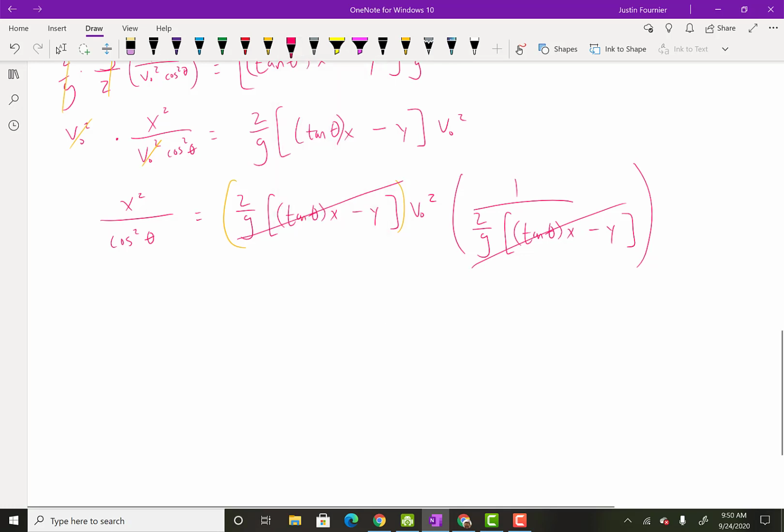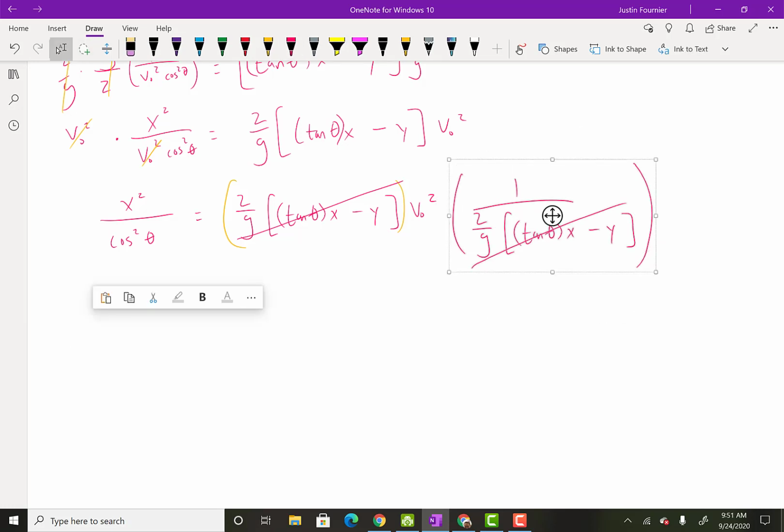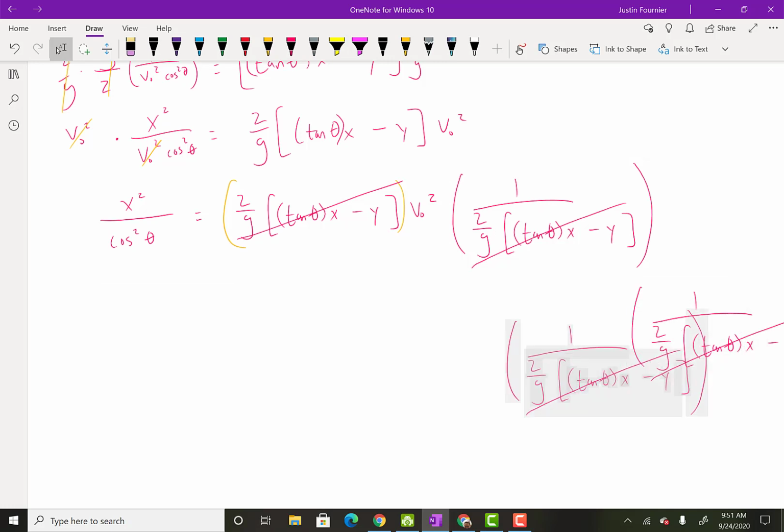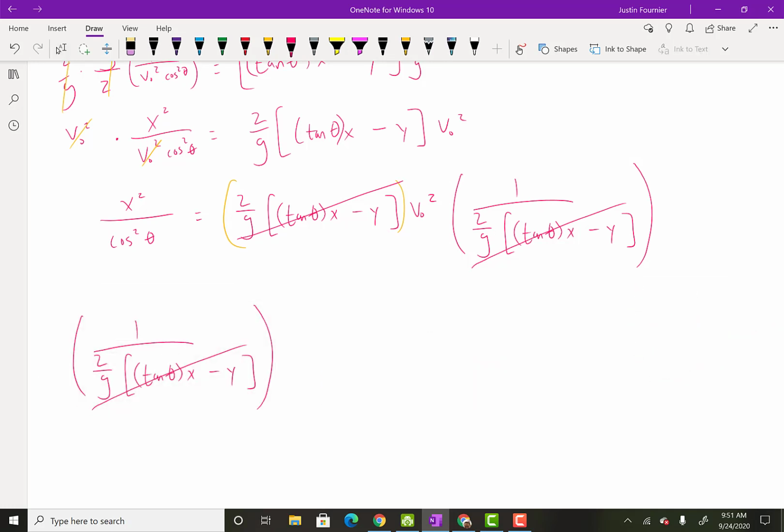So now I've got this multiplied by what I have here, x squared over cosine squared of theta, equals, please let me know if I make any math errors, v naught squared. And that's pretty much it.